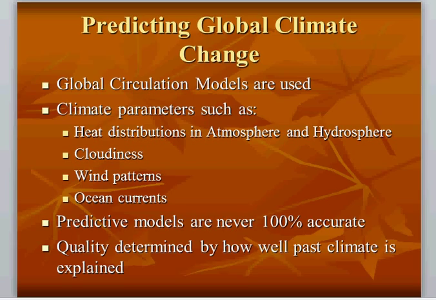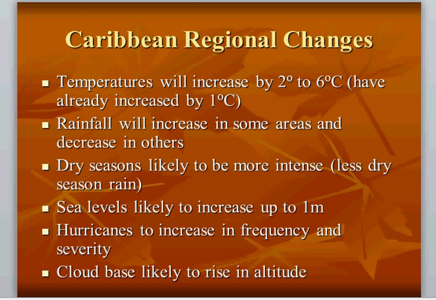So what is predicted by these global climate models in the Caribbean? It is predicted that temperatures will increase by 2 to 6 degrees within the next 50 to 100 years. And records show that temperatures regionally have already increased by about 1 degree Celsius.